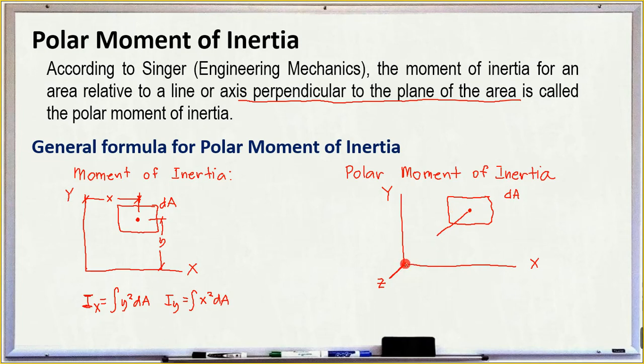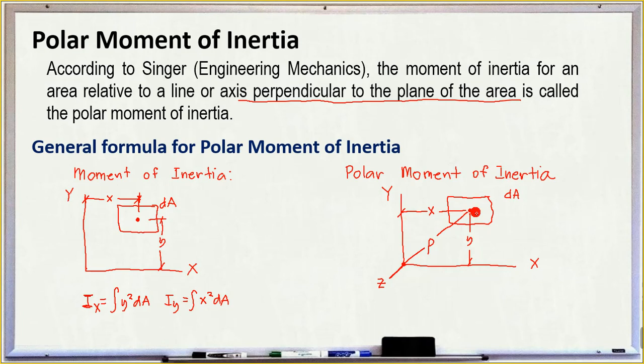Since the line coincides with the origin, we can denote this distance as rho. Now again, we all know that this is y and this is x.